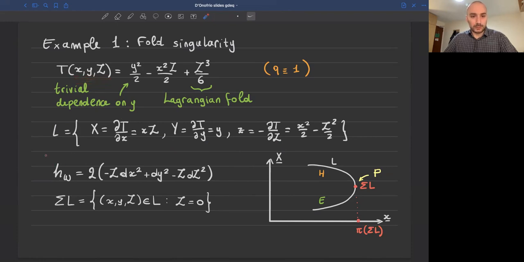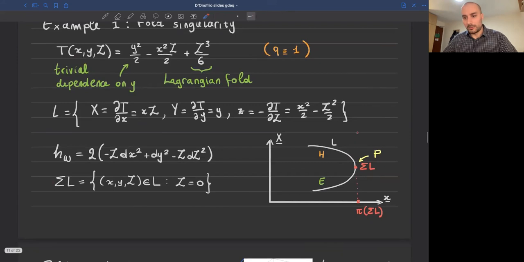Then we are able to compute the pullback metric on this particular solution, which looks like this, and also the singular locus for the projection mapping. Why am I so interested in this projection instead of this one?